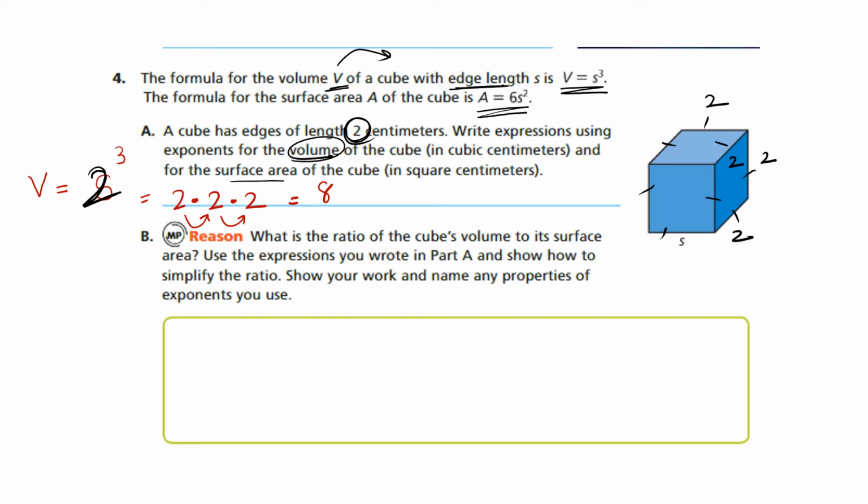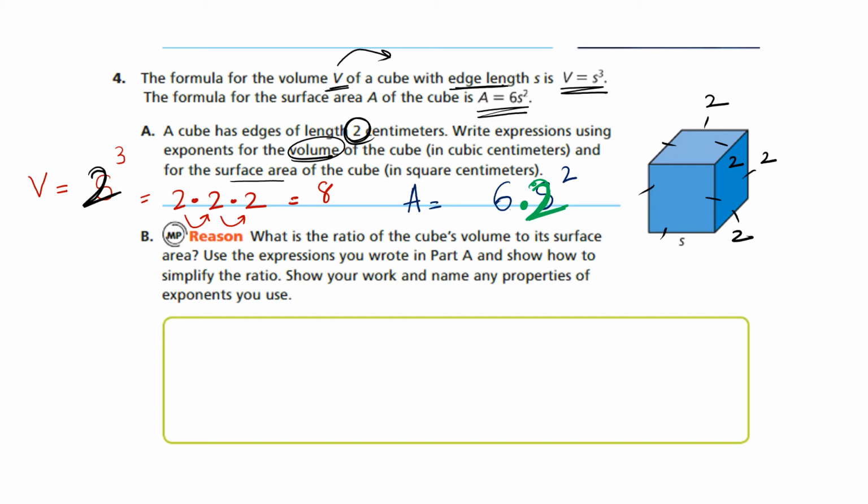Okay. Now next, find the area. So let's try to find the area. What is the formula they are saying? 6s square. But I don't want to use s because the s is 2. But when I write like this, it becomes 62. It's not correct. So you have to put a point, or it means the multiplication sign.